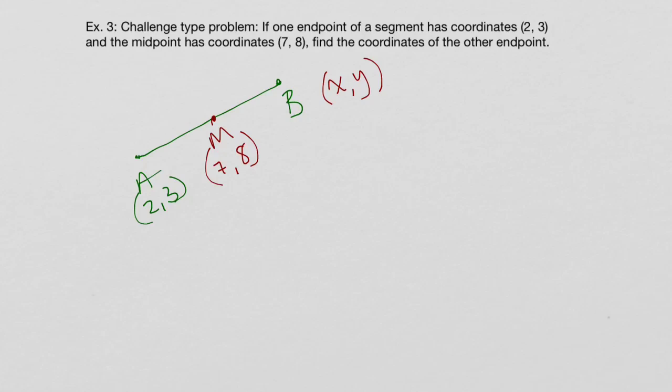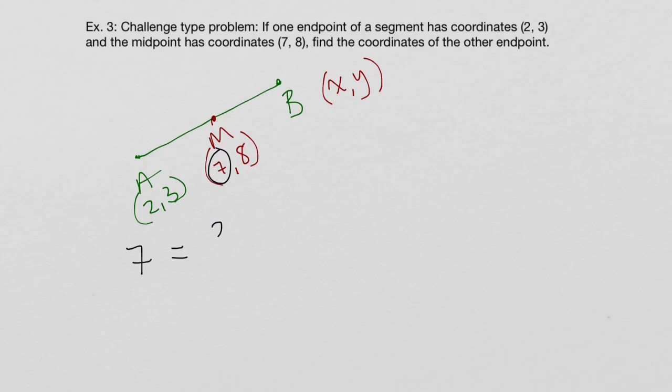So if we want to use the midpoint formula that we just learned, we take the average of the coordinates of the endpoints to find the midpoint. We already know the midpoint. The thing we don't know is one of the endpoints. So let's work on each one separately. The x-coordinate of the midpoint, 7, is the average of the 2 endpoints.